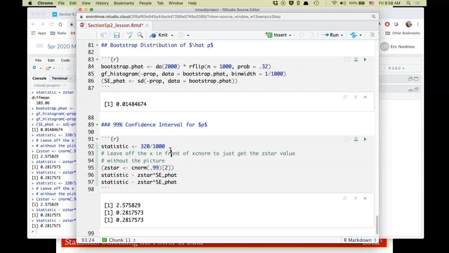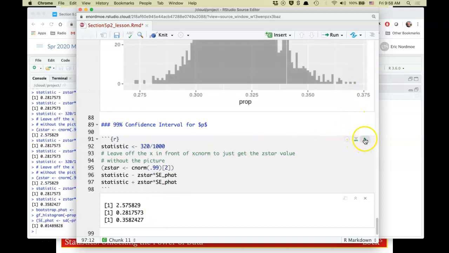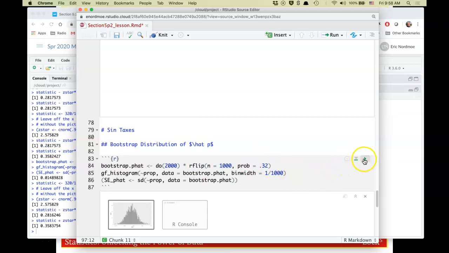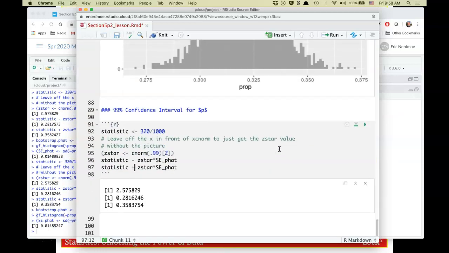So if we run the whole chunk together, we'll get the values. And let's see, what did I do wrong here? Oh, I forgot to change that to a plus. Alright, that looks a bit better. The 0.28 to 0.36 seem reasonable. And if we ran this one more time and then ran this, we'll get a slightly different interval. Did I not get a different interval? Let's see. Yeah, there we go. It changed a little bit, but it was quite precise.